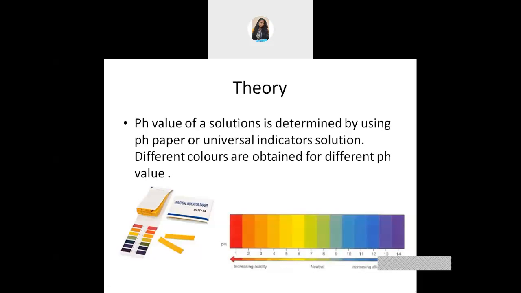And one possibility will be there for some solutions. If the solution is neutral in nature, then the pH paper will not change its color. Here you can see that for 7 it is green, but in reality, if the solution is neutral, then the pH paper will not change its color.